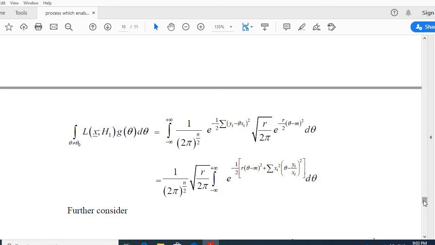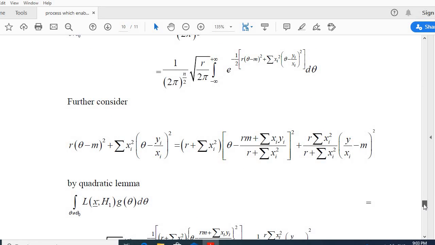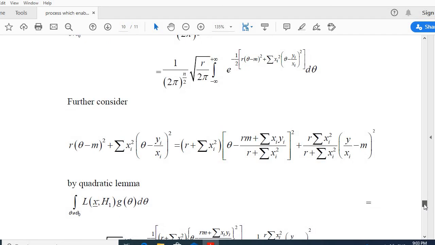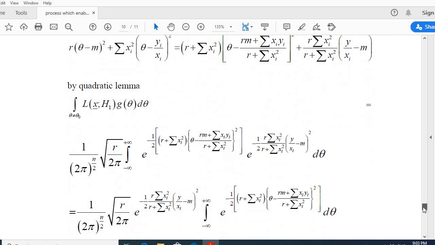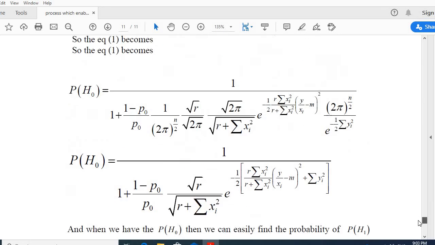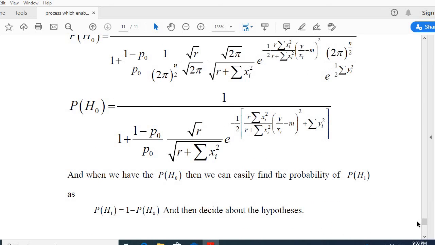And further consider this one. For simplification, after applying the quadratic lemma we obtain this, and after certain simplification we obtain P(H0|y) is equal to 1 over 1 plus (1 minus p0) divided by p0, times root of r divided by root of (r plus sum of xi squared), e raised to power minus 1 by 2 of the resulting exponent.